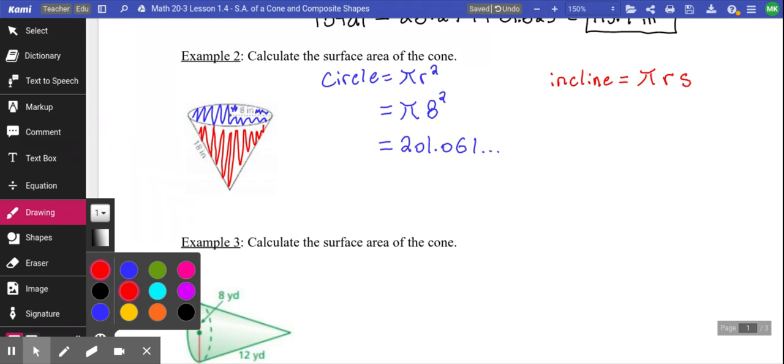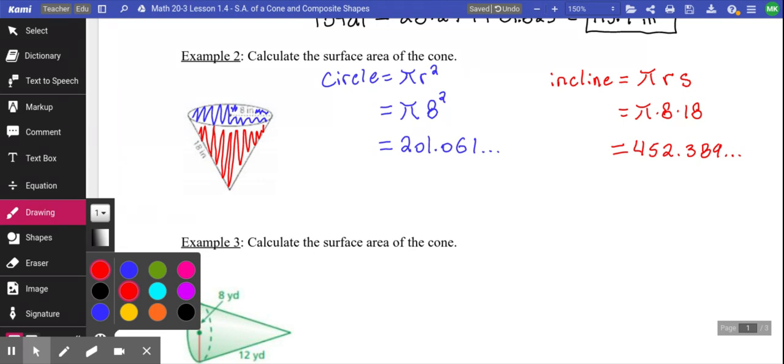S is the slant height, it's got to be that outside height number. For us, it's pi times 8 times 18. Throw that in your calculator, pi times 8 times 18, and you get 452.389 dot dot dot.